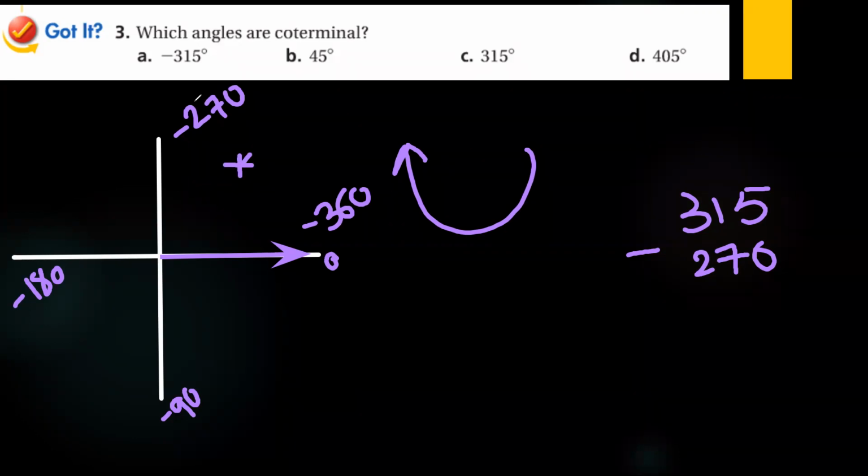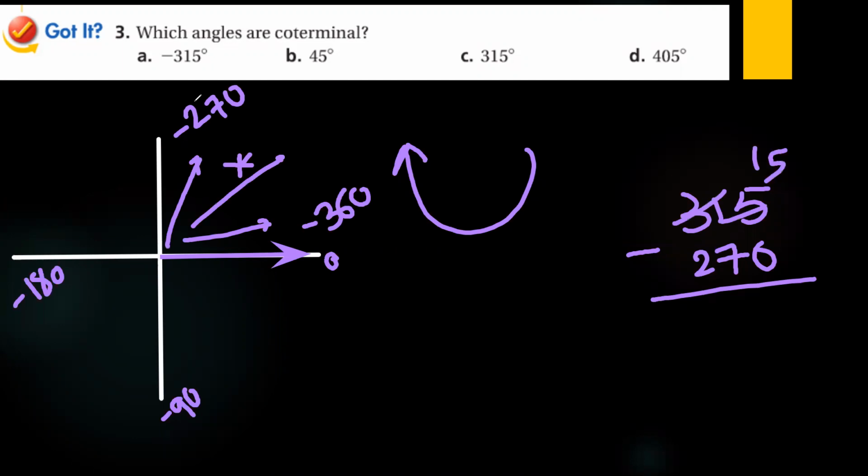So that means I have now to check where I should put my terminal side. To see where it will be, shall it be here or here or here? How can I know? I will subtract 315 minus 270. Let's subtract them here. It is 45.